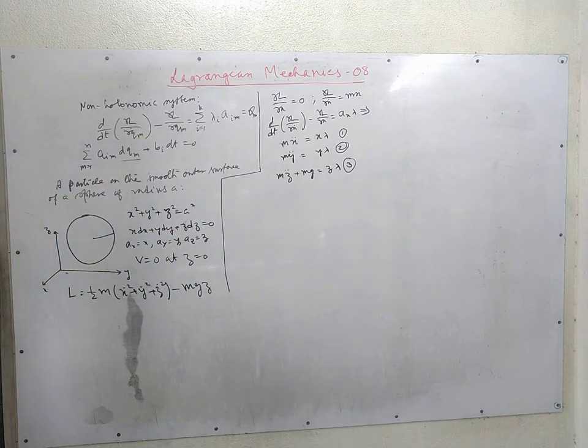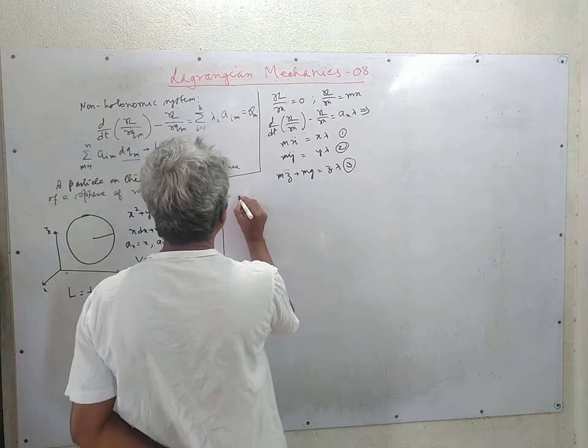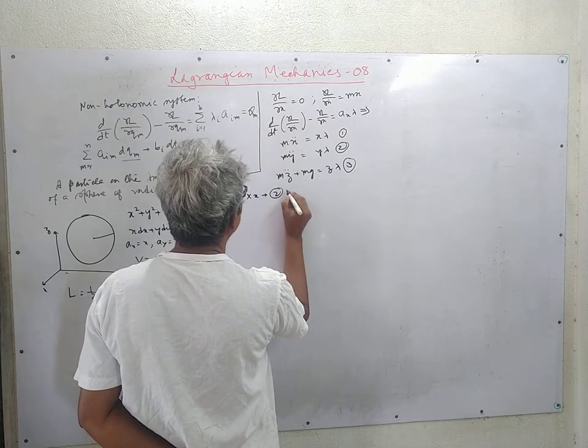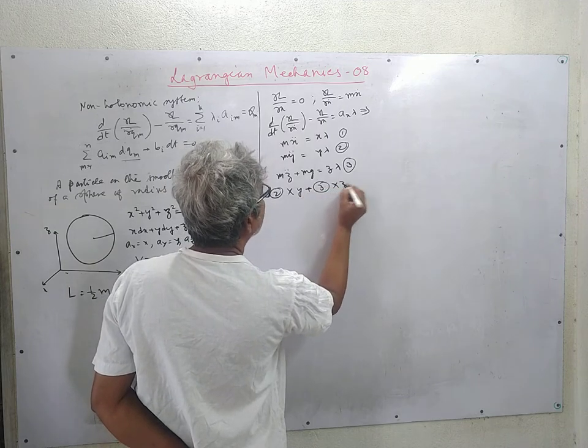Now we multiply equation 1 by x, 2 by y, and 3 by z. So we do 1 times x plus 2 times y plus 3 times z.